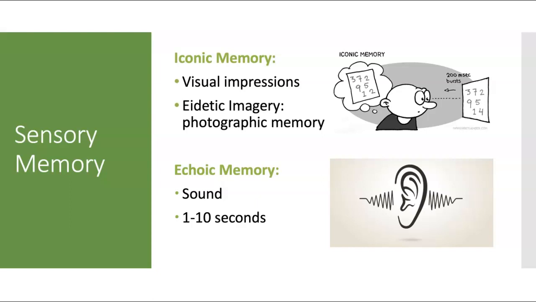So whereas for most of us that information fades away within a couple of seconds, eidetic imagery is the ability to access a visual memory for 30 seconds or more. So it might be that that person can only actually remember it for 30 seconds after, but that's still considered photographic memory because that's much longer than the majority of people are able to hold an iconic memory. So not quite the way it seems in the movies.